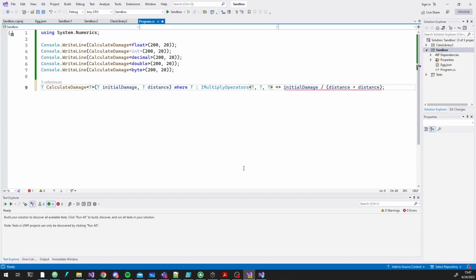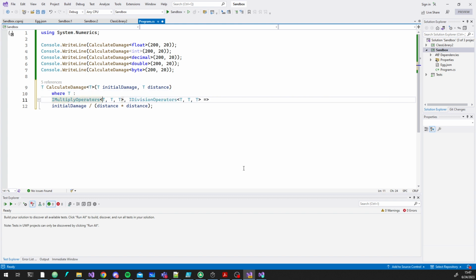It's IMultiplyOperators. And IDivisionOperators. So like you could just say, these are the two specific things. And at this point, I am totally going to wrap it a little bit.